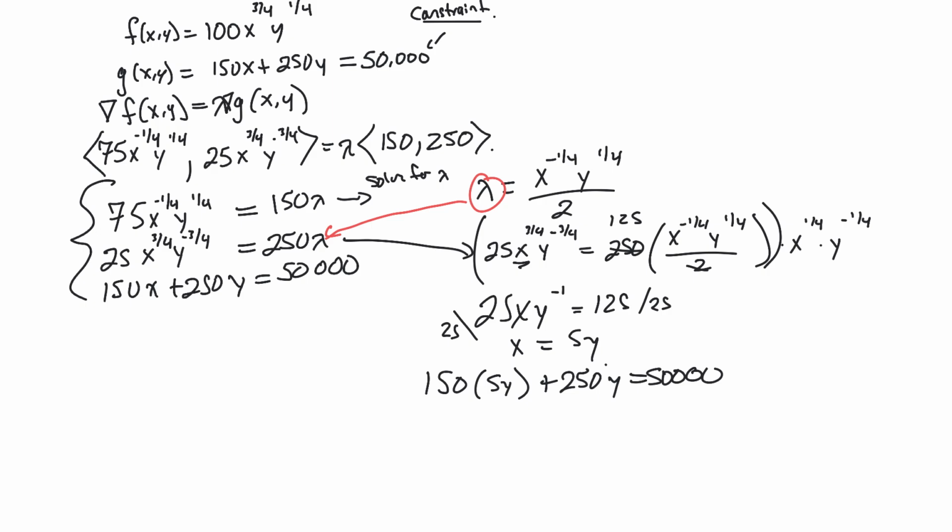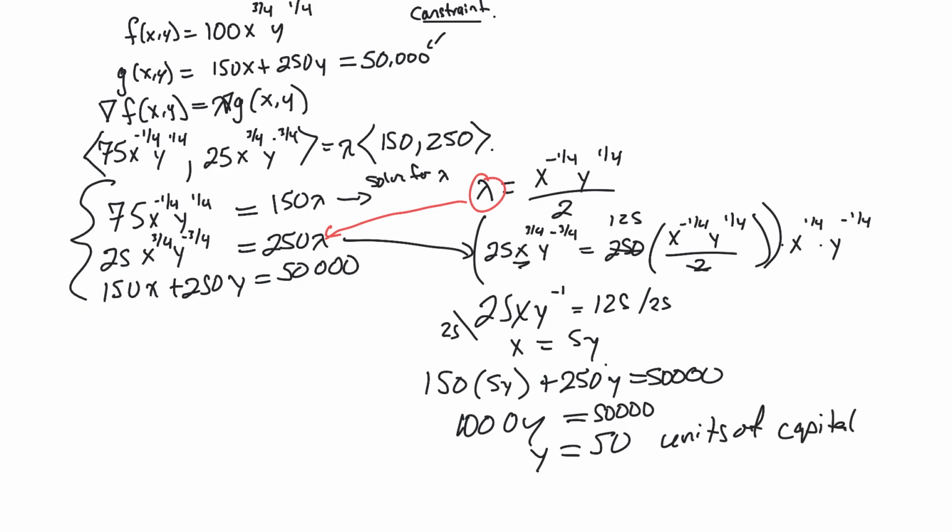That's going to end up giving us 1,000y on the left. So y is 50 units of capital. And since x was 5 times y, that's going to be 250 units of labor.